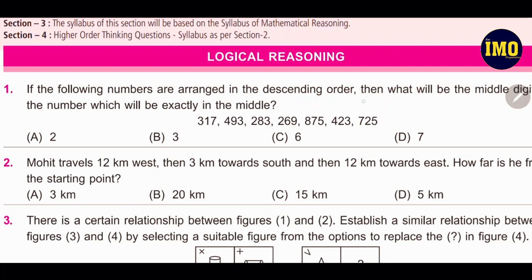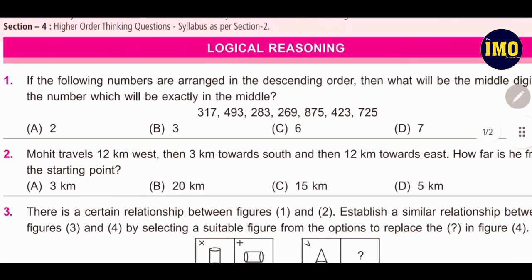Suppose we have 5 numbers 1, 2, 3, 4, 5. Here 3 is the middle number because it has two numbers on the left side, 1 and 2, and two numbers on the right side, 4 and 5.